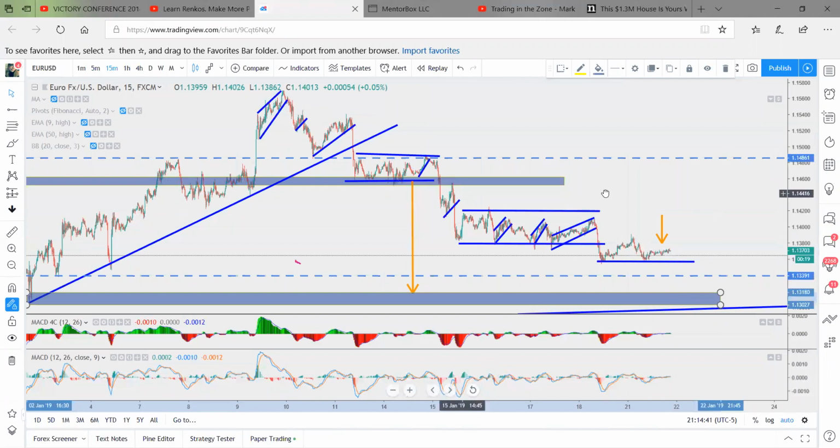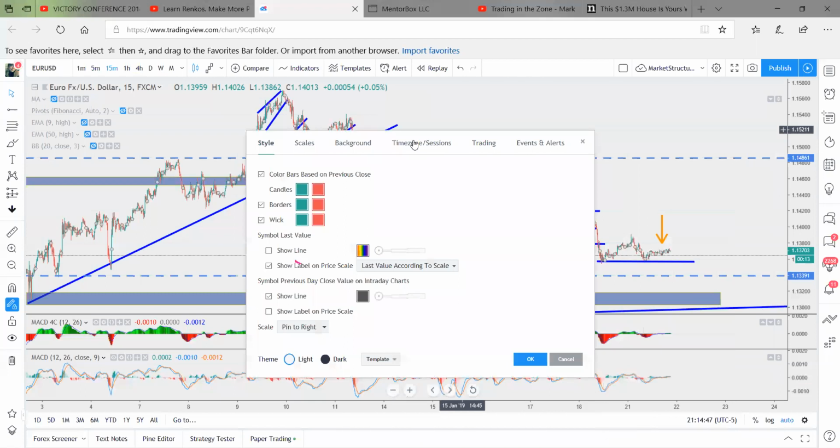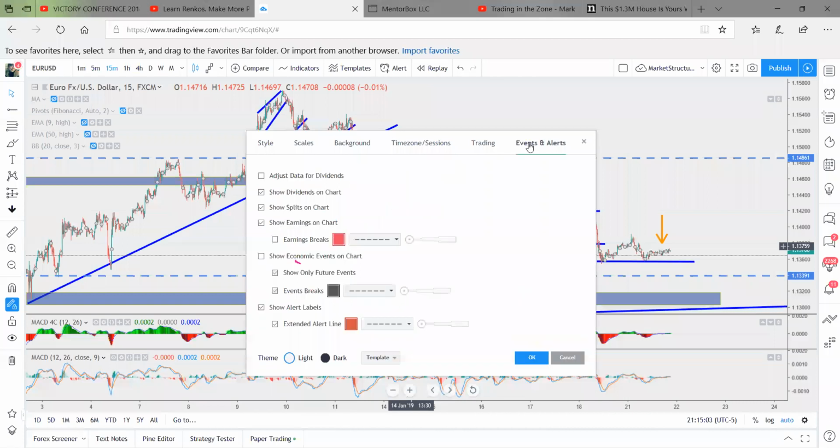I have my news turned off, but if you want to see, I helped someone set up their news tonight. Go to settings, go to time zones. Make sure you have the correct time zone so you will know when the market opens, when it's doing what. Like I'm Eastern time, so I have mine set to New York. So you'll have the correct time on your candles and your news. If you want to turn on your news, you would go right here and show economic events.